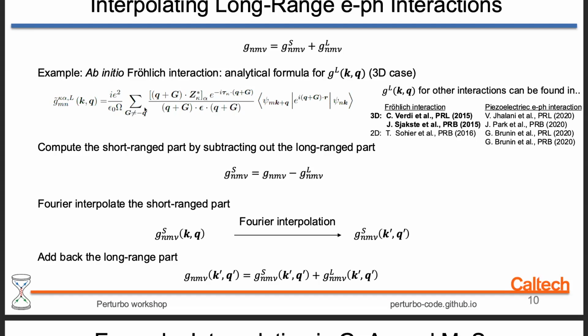So you can use this analytic sum over Q with these dielectric constants and these Born effective charges, and that will give you the contribution from a certain atomic displacement to the coupling in K and Q space. Then you add back the short range part from Fourier interpolation and the long range part from the analytical treatment.